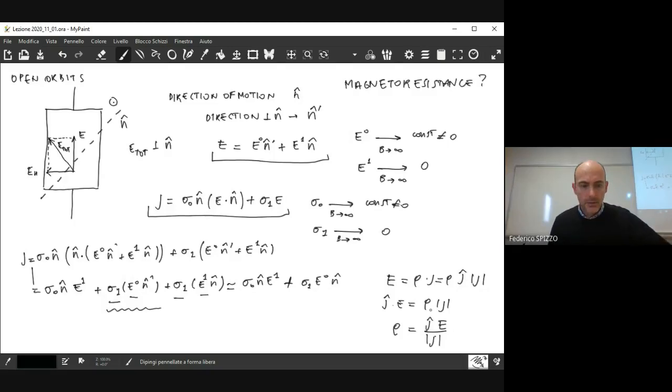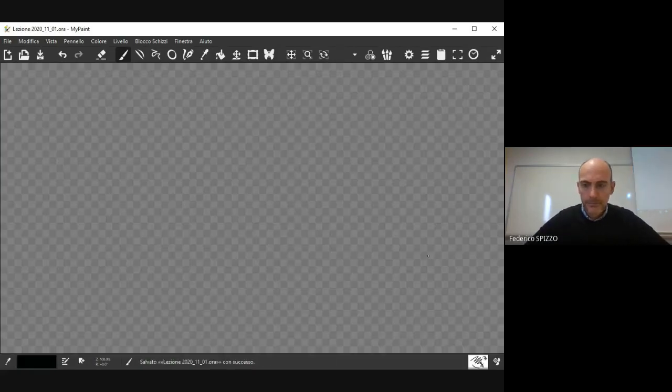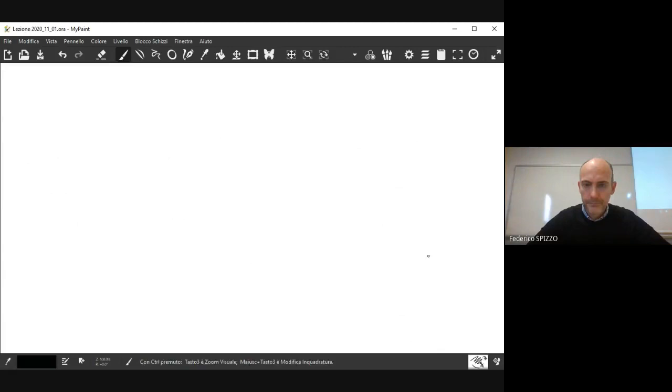Okay, so I just changed the page. So the final equation was the resistivity is equal to E times the versor of the current divided by J, that is the modulus of the current density.